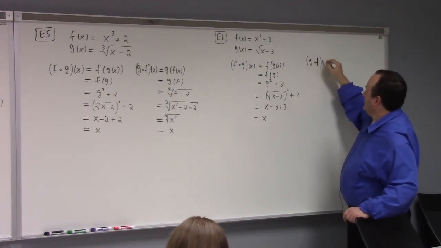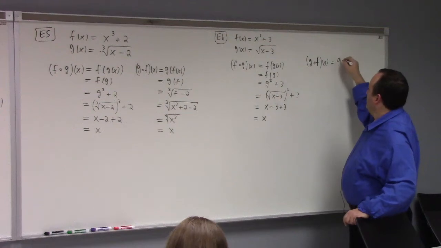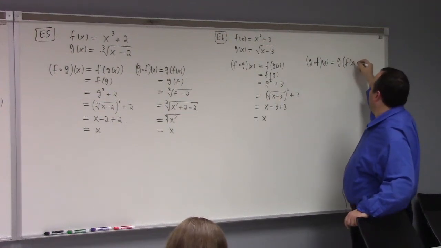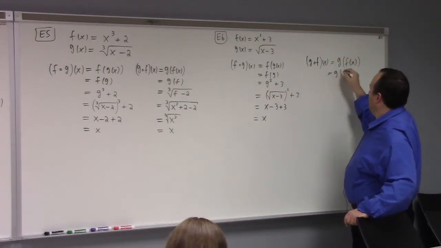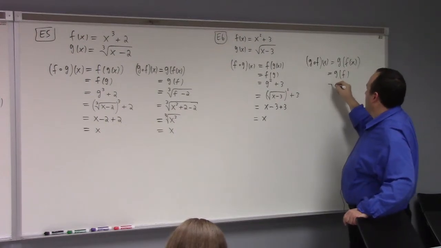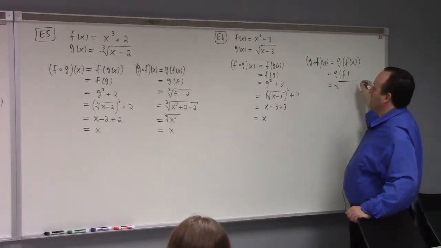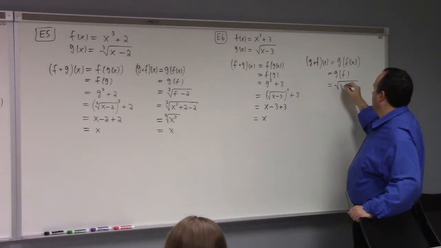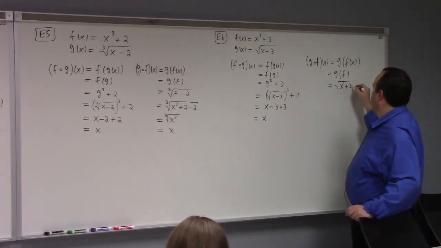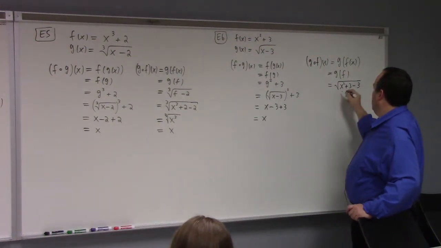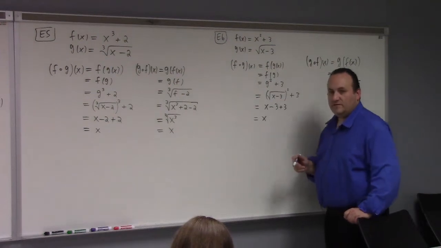G composed with f of x is g of f of x, which is g of f, which in this case is the square root of x squared plus 3 minus 3, which is the square root of x squared. And what did we just get done talking about?